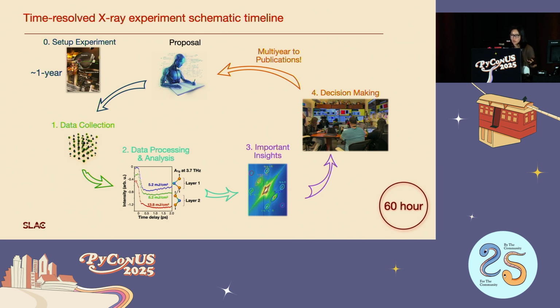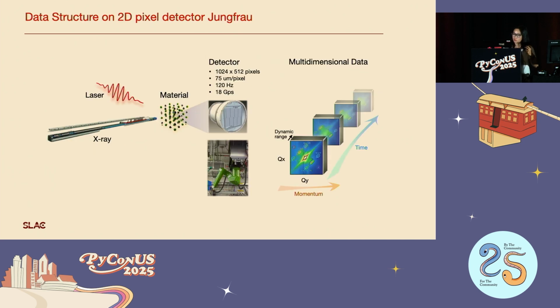So let me tell you why the data is so big. In this case, we specifically use a 2D pixel detector called Jungfrau. It's made by the Paul Scherrer Institute in Switzerland, and a lot of the things they make, they name after a mountain. Jungfrau is a mountain in Switzerland. We collect data in different fashions that create multidimensional data.